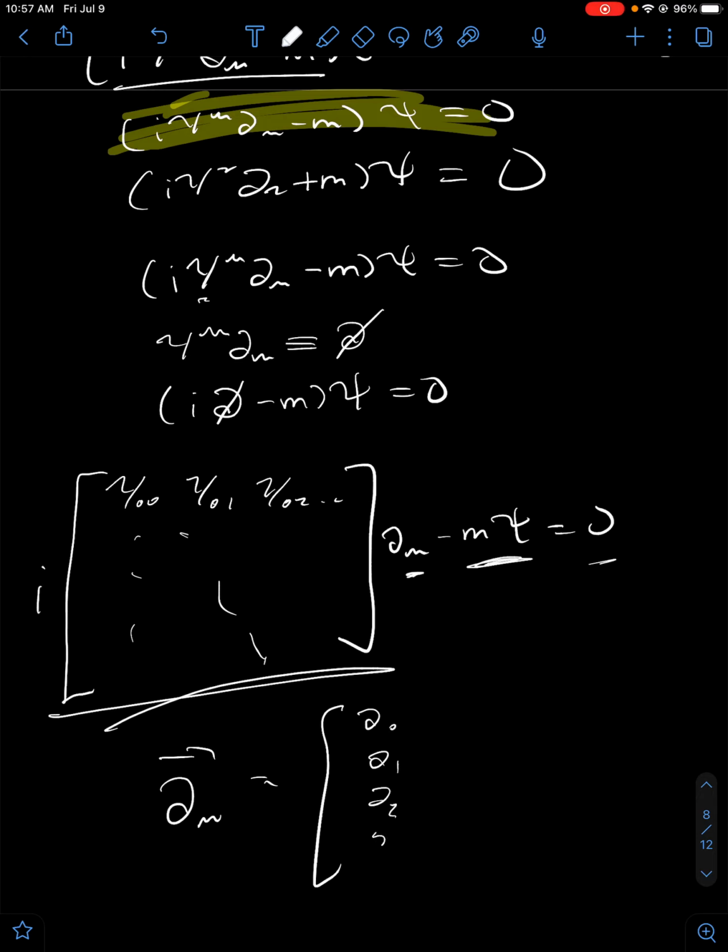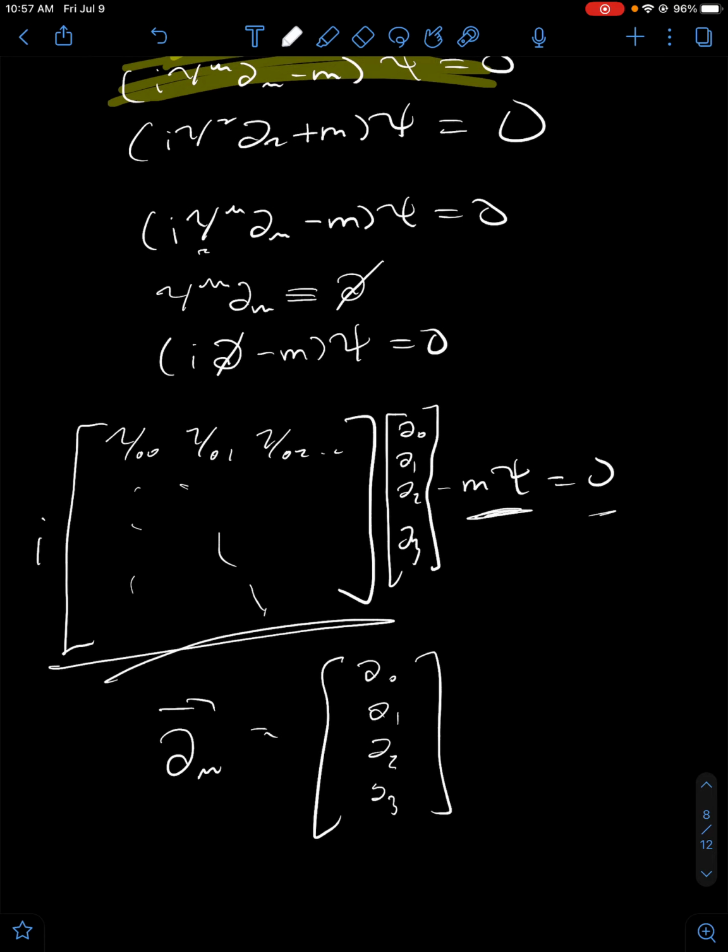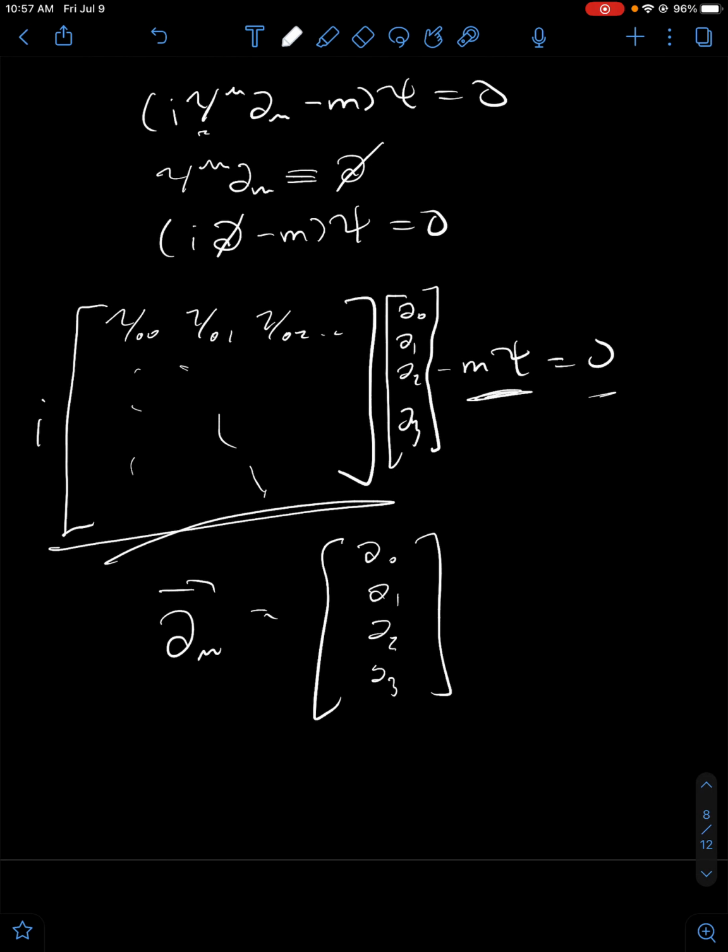Partial naught, partial 1, partial 2, and partial 3. So here we'd have the gamma matrices times partial naught, partial 1, partial 2, partial 3, to make the calculations actually work out. And we have to reinterpret the mass as well, kind of. We can't really say that mass is a 4-mass vector, since mass is just a constant. There are no components to mass.